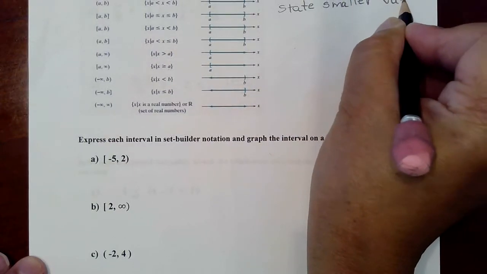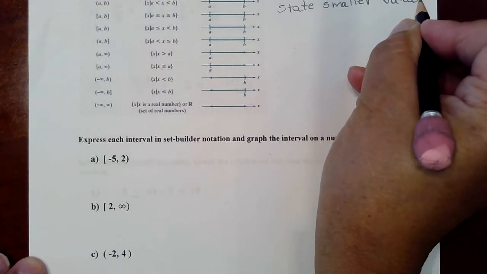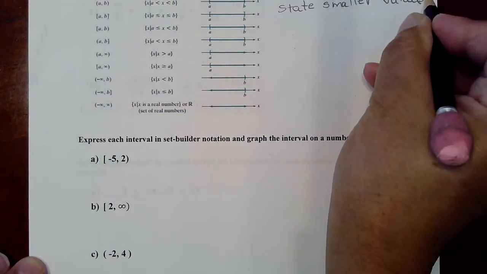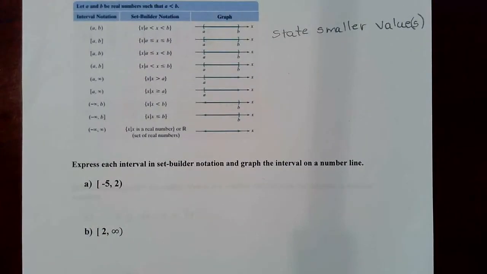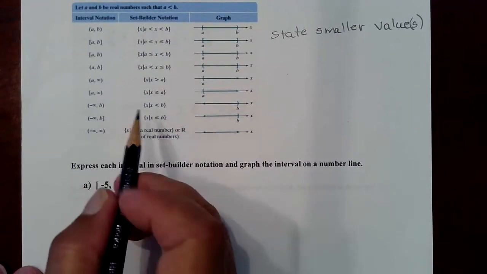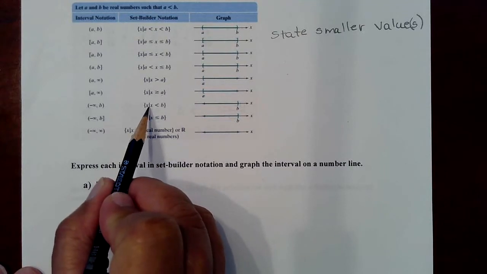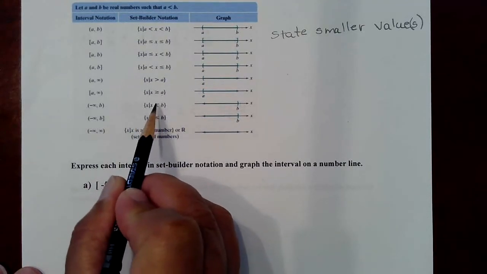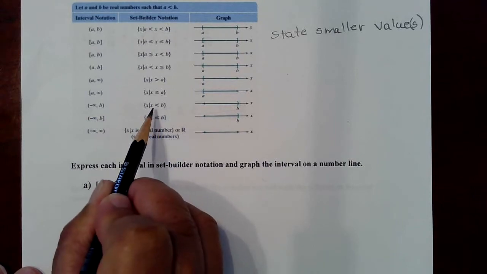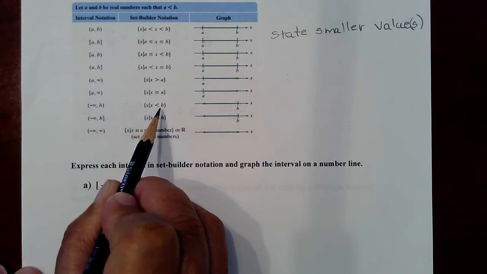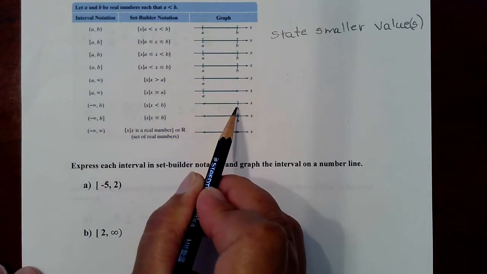And I could say value or values, because sometimes you're talking about all the values that occur as you approach infinity or negative infinity. So like, for instance, this says X is anything less than a particular starting value called B. There is no equal sign here. So that starting value is where we start, but it's not actually part of the solution set. So there is a parenthesis on it.